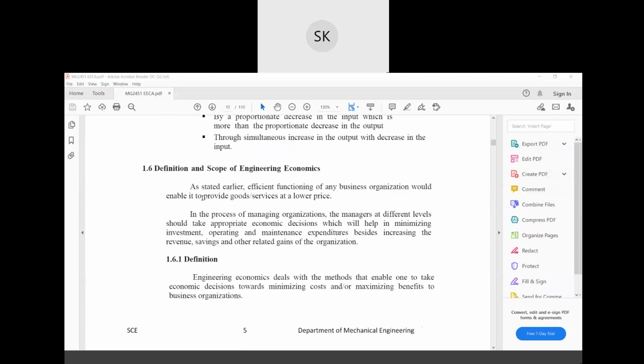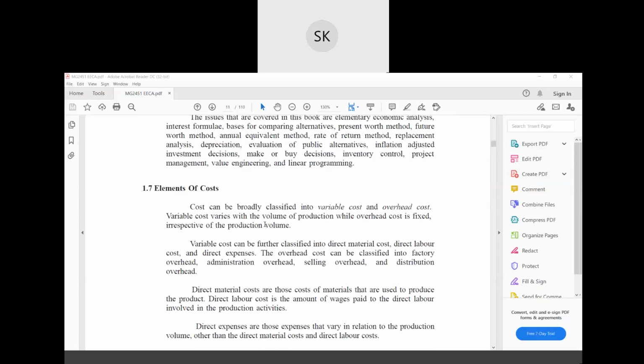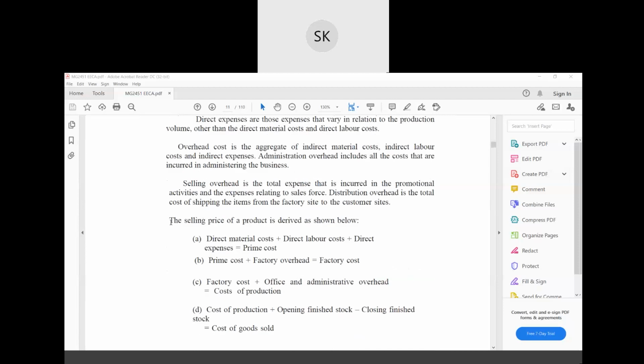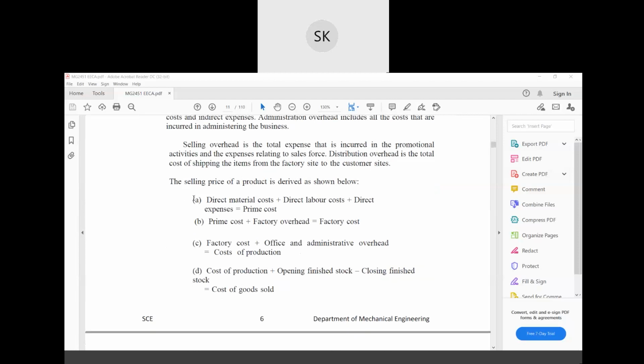Then we studied the definition and scope of engineering economics. Then we studied elements of cost, various types of cost, direct expenses. We studied how you can find out the selling price of a product. So these were the points. How can you find the selling price of a product, right?